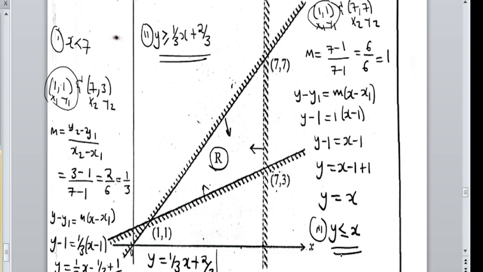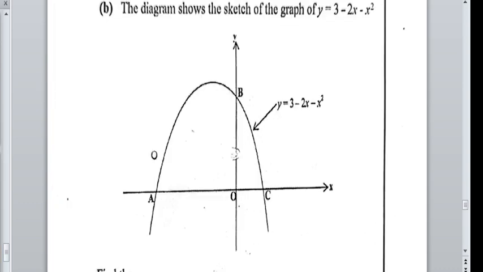Therefore, I found all the 3 inequalities, where the first one never had an equal to because it was dotted. These 2 have equal to because they are solid lines. So that's basically how you can go about this. We proceed. Look at another question.